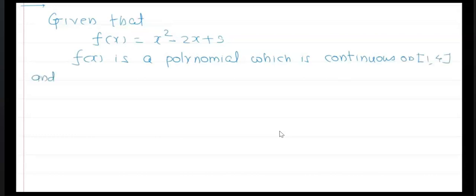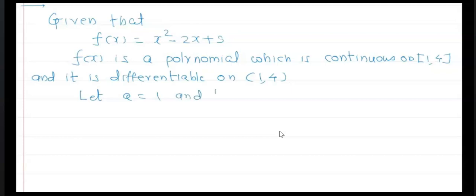It is continuous on the closed interval 1 to 4, and it is differentiable on the open interval 1 to 4. Here a is equal to 1 and b is equal to 4.